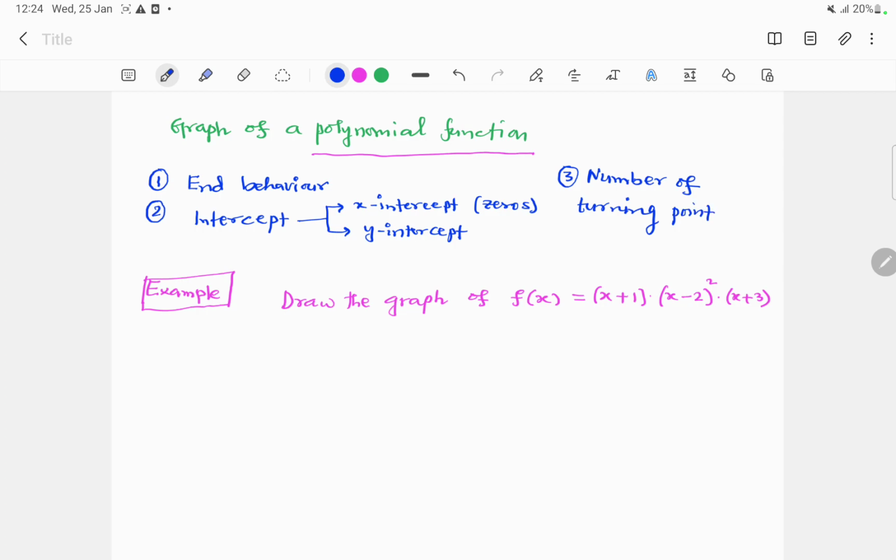So when we graph a polynomial function, we always keep these three things in mind. First we check the end behavior, then we calculate the x-intercept and the number of turning points. The number of turning points is not too important, but still we see it.